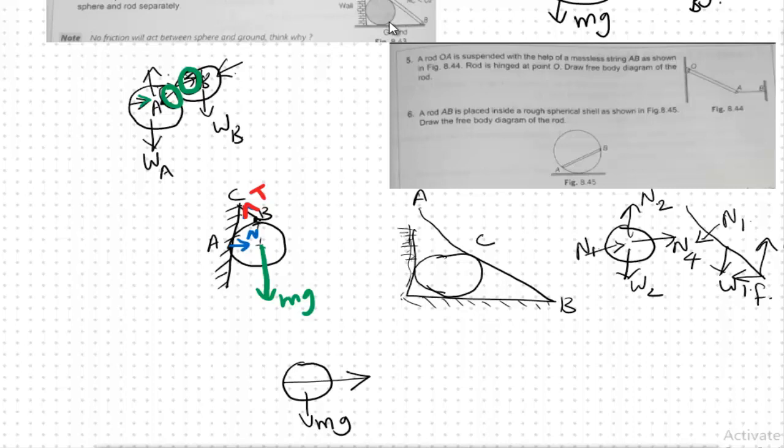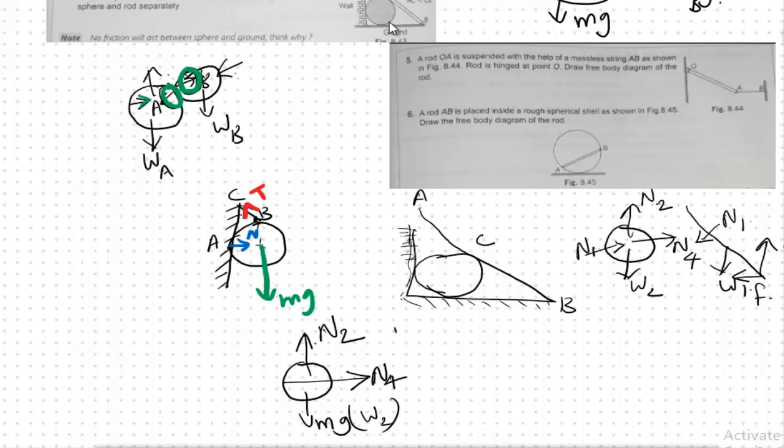And now the reactional force from the sphere, this is the reactional force which is acting. So mg is given as W2 in the question itself, so I am representing it as W2, which will have a reactional force. I am representing it as N2, and the reactional force getting over here is N1. Here I marked it as N4. N4 I am marking here also.